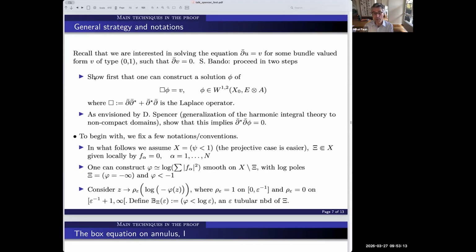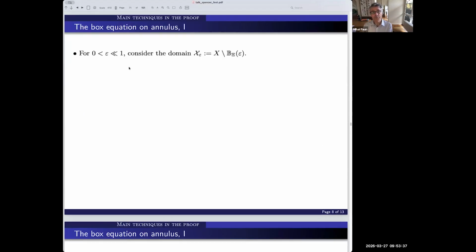Okay, so in this setting the epsilon tubular neighborhood will be simply phi smaller than the logarithm of epsilon, right? So just imagine you are epsilon close to this Xi. It's like a ball, not exactly, but right. So now the point is that instead of looking at X0, which simply consists in removing Xi, we will remove the whole epsilon neighborhood.